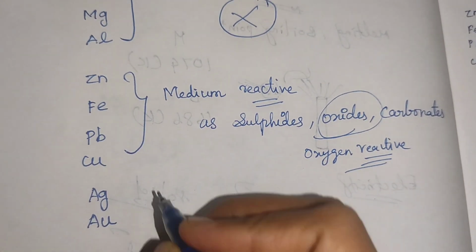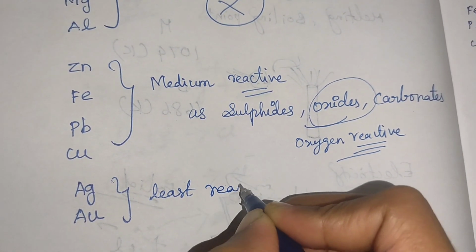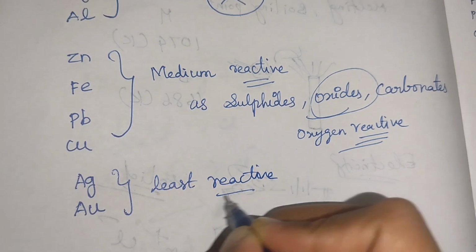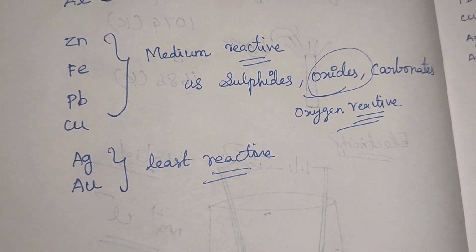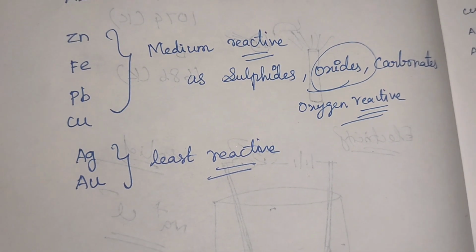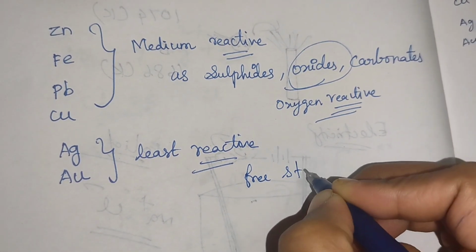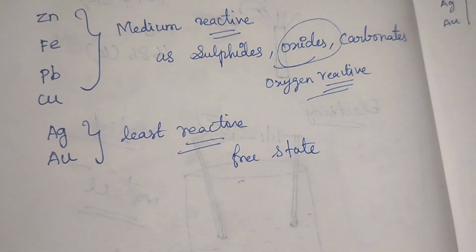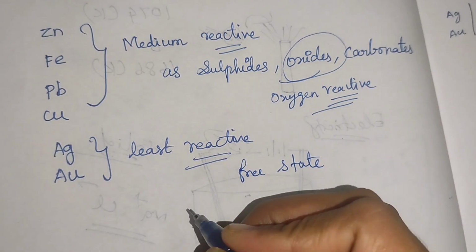Next one, least reactive metals. These metals we can get in the free state, directly. Not only silver and gold, we can get copper and platinum also.